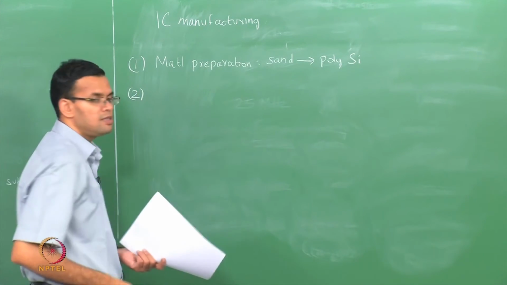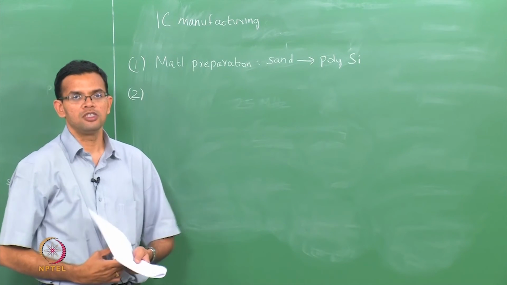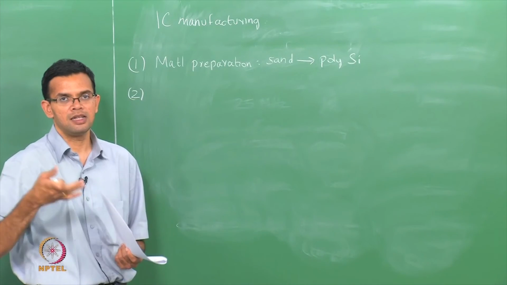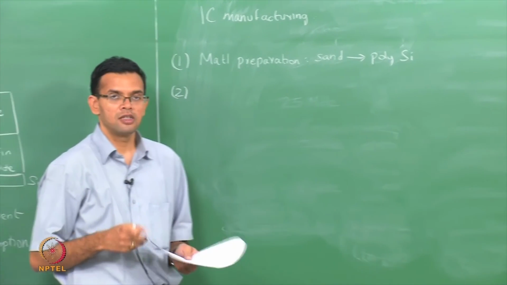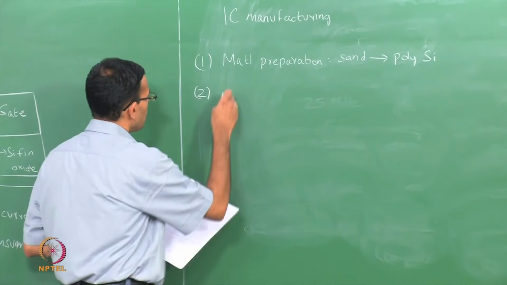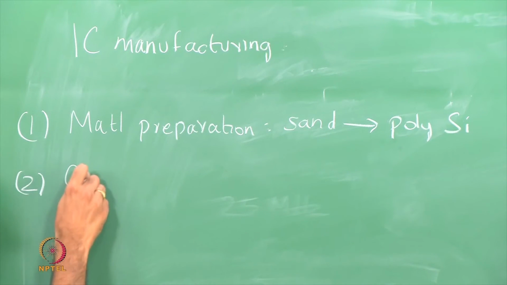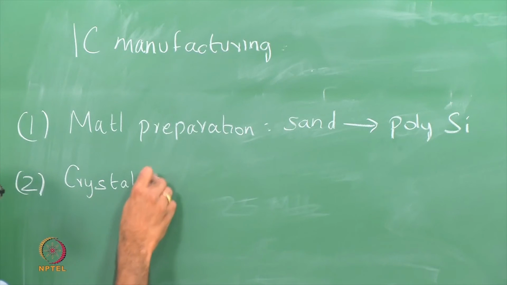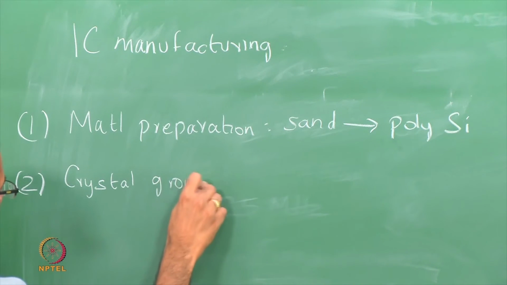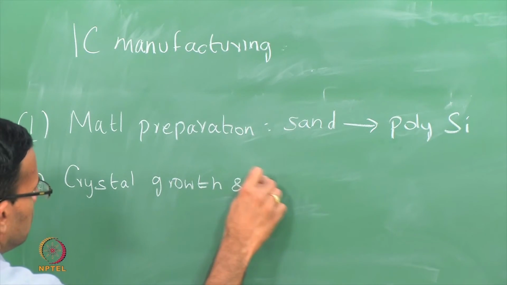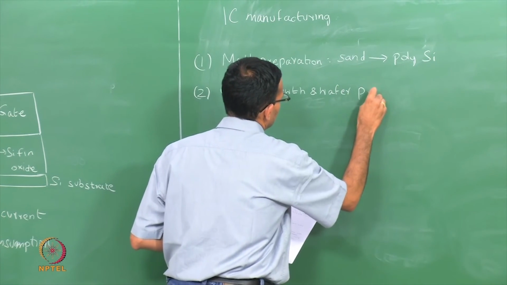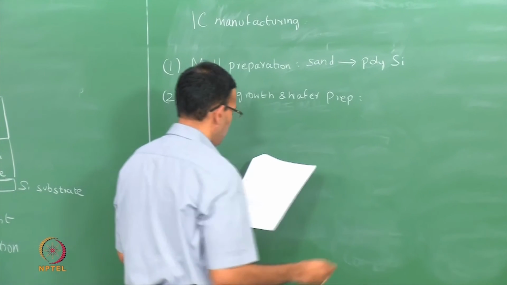But polycrystalline silicon is not what we use in the fab. For using in the fab, we need single crystal silicon wafers. So, the next step is converting the polycrystalline silicon to single crystal. So, crystal growth, wafer preparation.